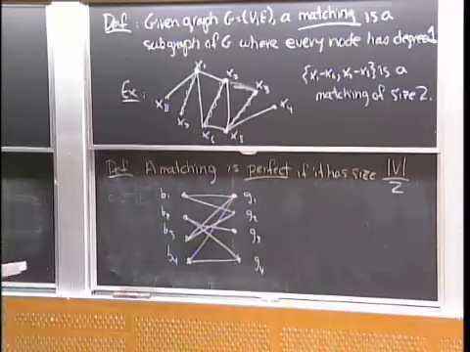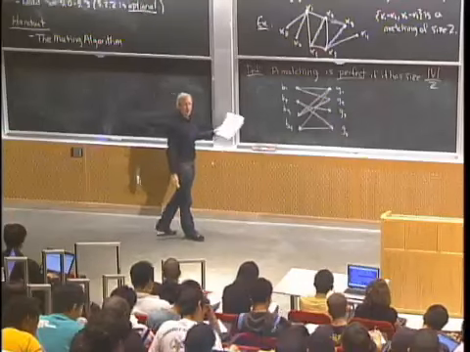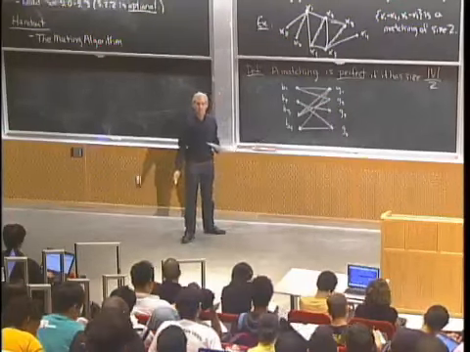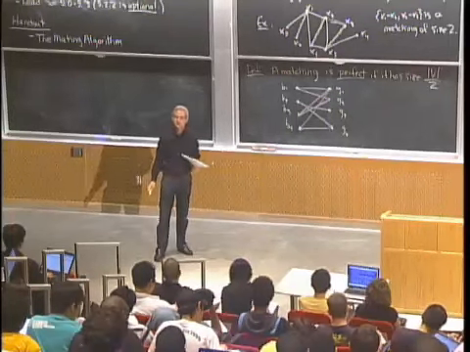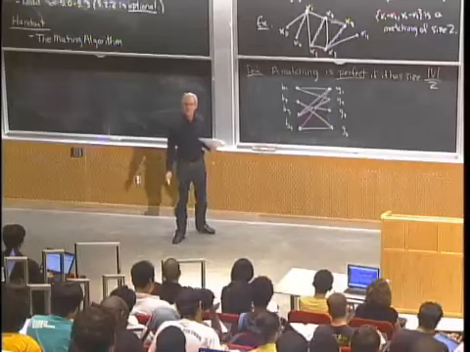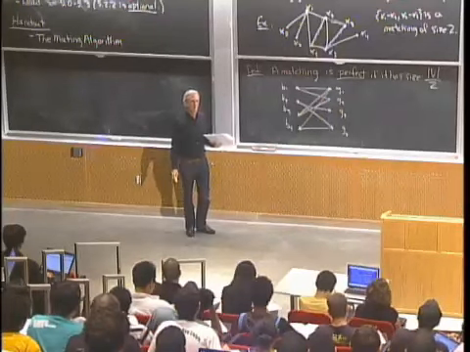Okay. Does that graph have a perfect matching? Can you pair up every boy with a girl here so that everybody's compatible with their mate and you have just one spouse?